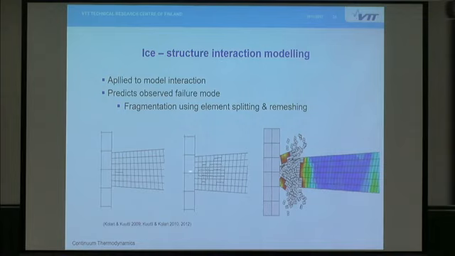What is interesting to see is that the cracking in the model also starts inside, not on the boundary. And this is mainly because there is friction on the boundary layer.